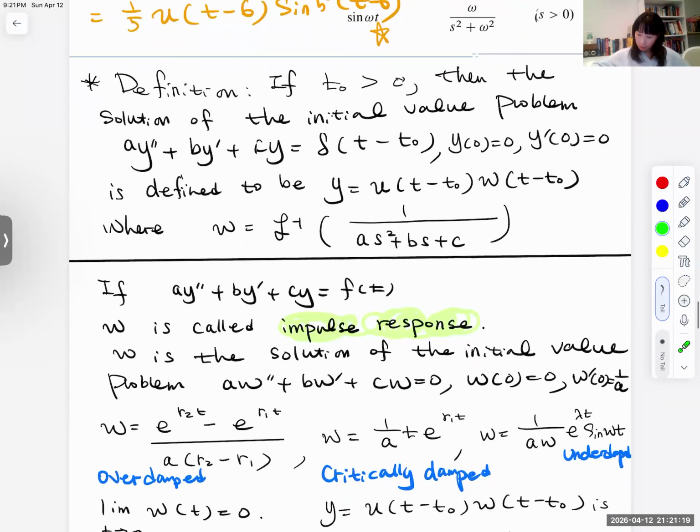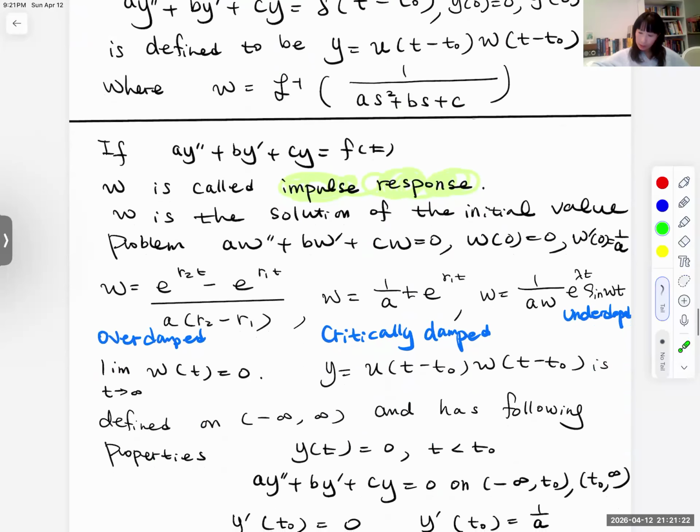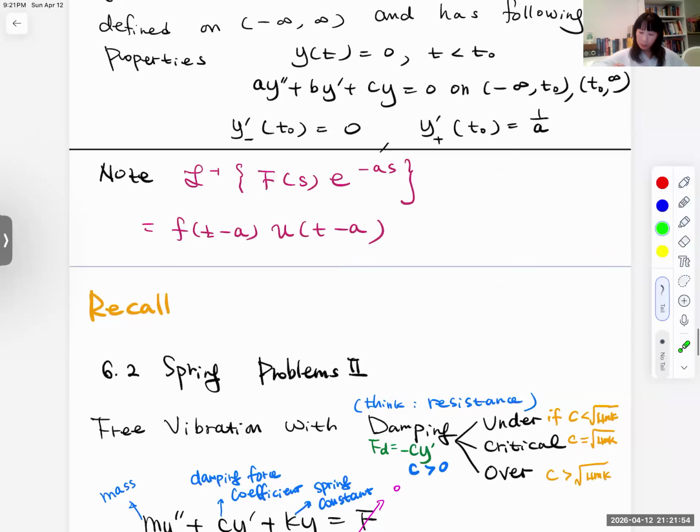Then we have an impulse response. Omega is called the impulse response. So we have three different answers, right? We had these earlier: overdamped, critically damped, underdamped. How do you find out which one? It is from section 6.2, recall the spring problems, number 2.